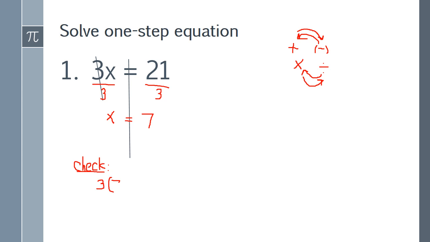So in this case, I'm going to switch x with 7. And I'm going to evaluate both sides. The right side is already done for me. It's 21. I need to make sure that the left side is equal to 21. We have 3 times 7, which is 21. That means that the left side is equal to the right side, and my answer is correct.